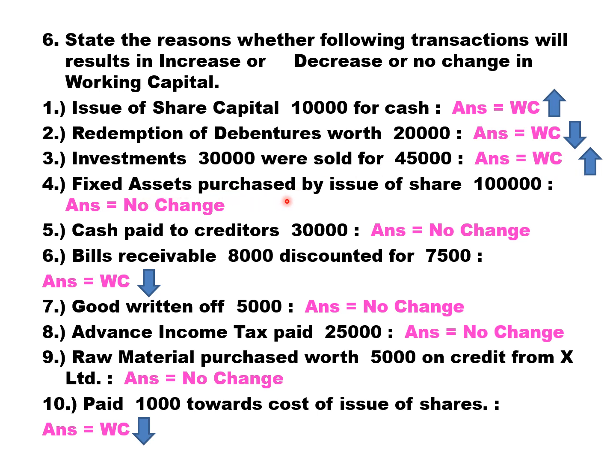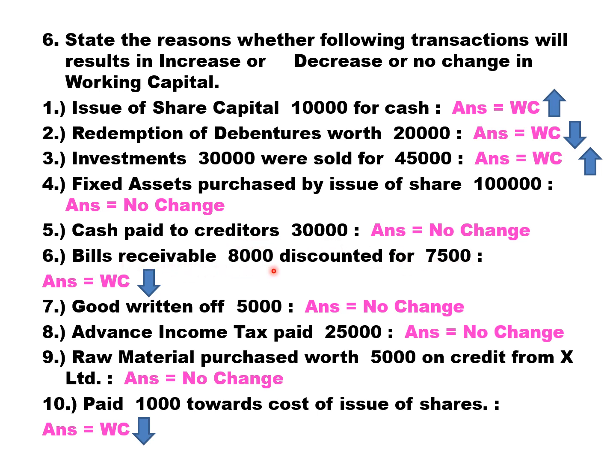Fixed asset purchased by issue of shares. So shares are issued against purchase of fixed asset. So fixed asset non-current, shares non-current, no change. Cash paid to creditor 30,000. Cash current asset, creditor current liability, both are current, no change.